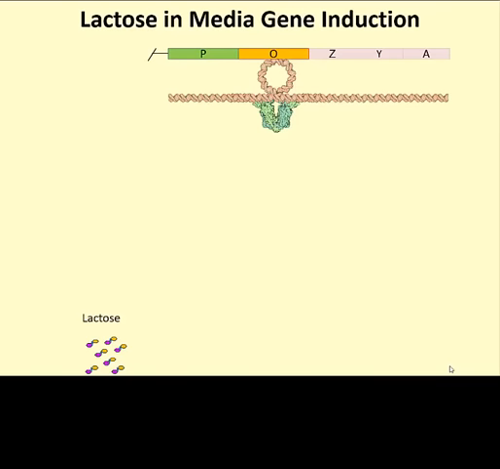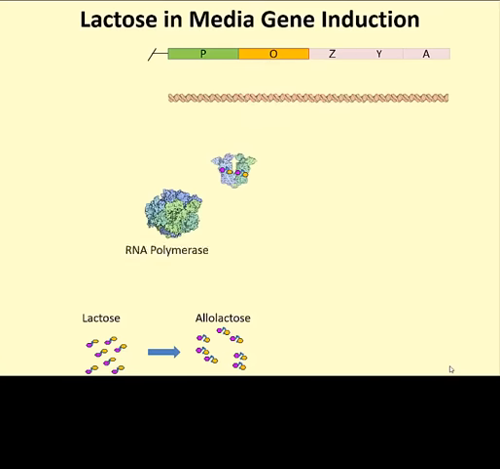However, in the presence of lactose, some of it is converted into allolactose. And when the allolactose binds to the lac repressor, it induces a conformational change in the repressor that eliminates its ability to bind the operator.